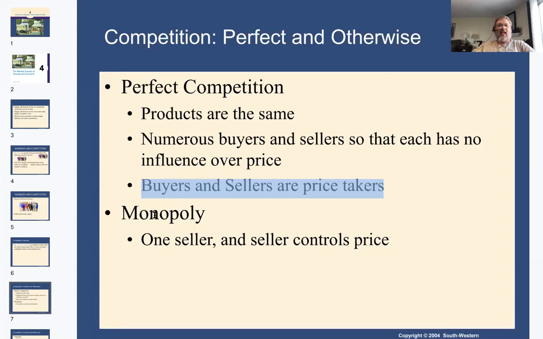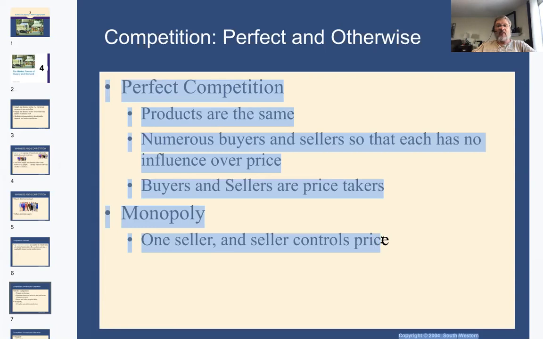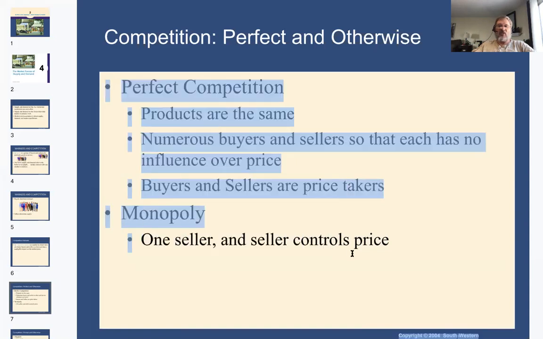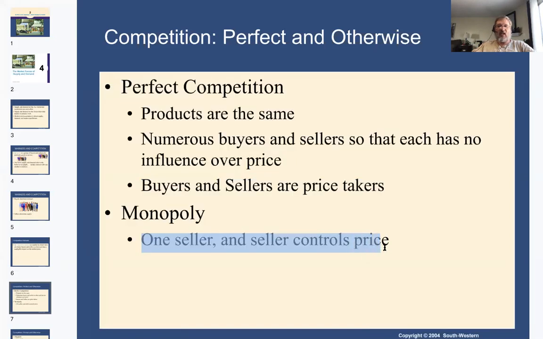And to contrast perfect competition, we give the opposite example, which is common in economics, and we'll study later, which is a monopoly. In a monopoly, there's just one seller. And because there's just one seller, that seller can dictate the price in a way that often there are transactions.